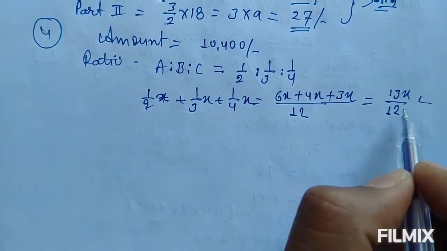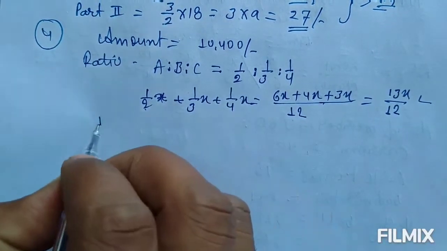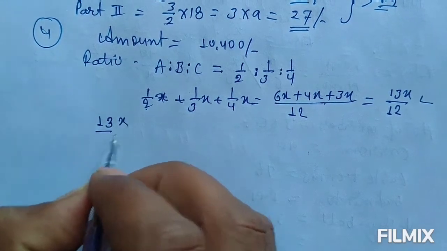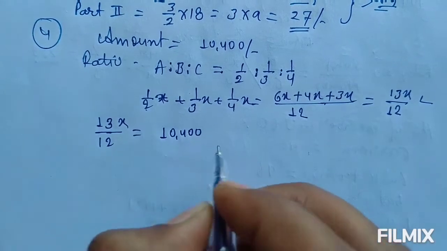This is the complete part, and this complete part is equal to 10,400, means 13x upon 12 is equal to 10,400.